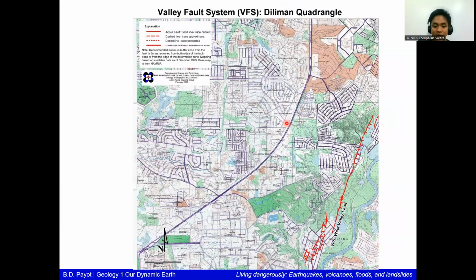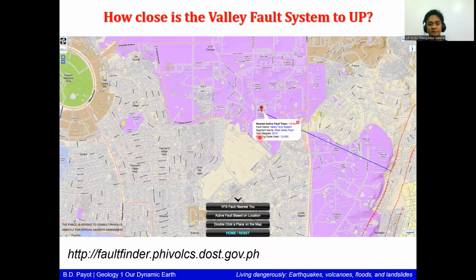And again, all these maps are available already for public consumption sa PHIVOLCS website and also Hazard Hunter PH. So if you're looking at hazards sa area ninyo, then you should check this.